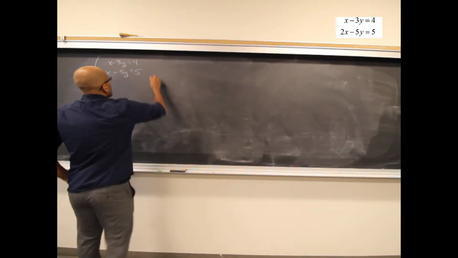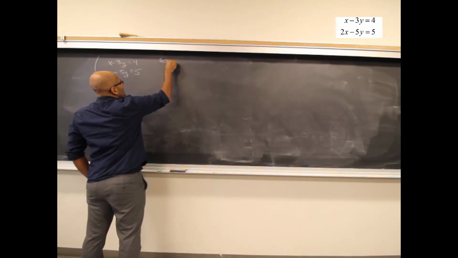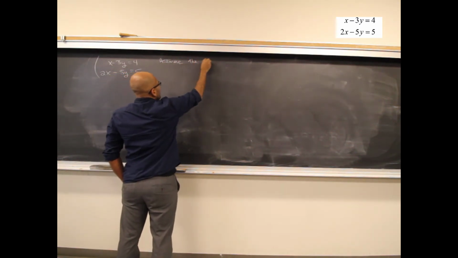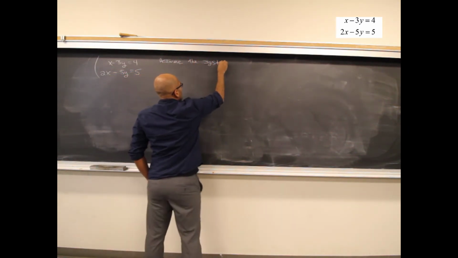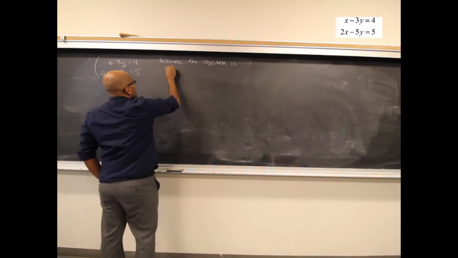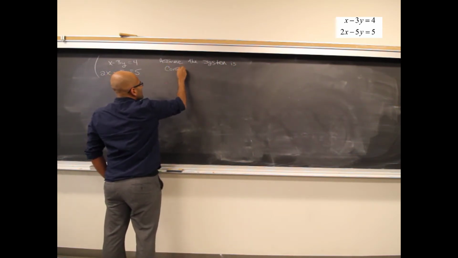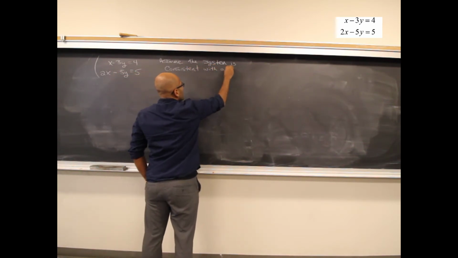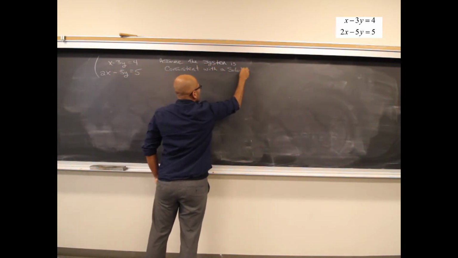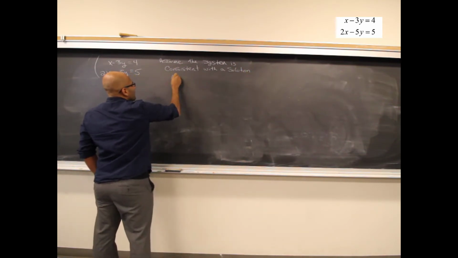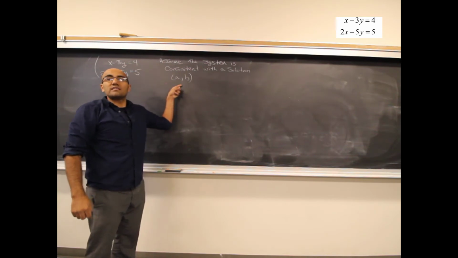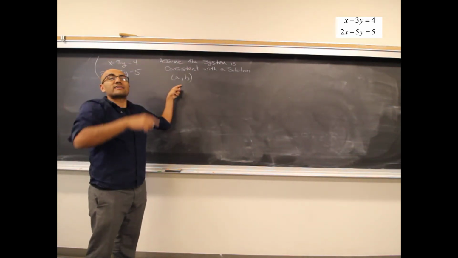Okay? So I'm going to assume the system is consistent, with a solution A comma B. Assume the system is consistent, it's going to form some sort of X somewhere.